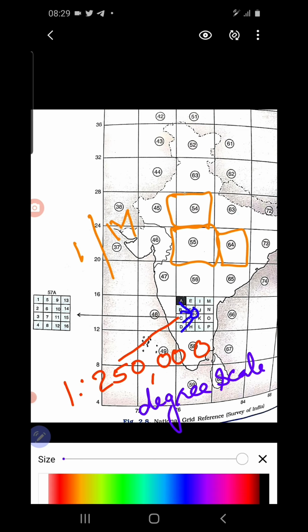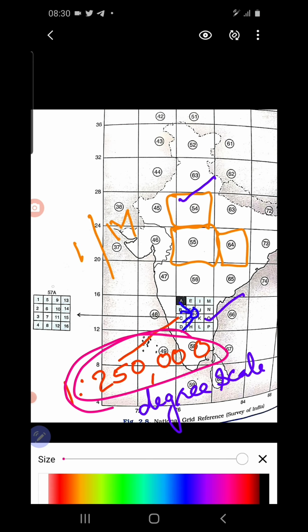But at the same time, when you go for 4 degrees it is adopted there; here the 1 degree is adopted. So this scale can also be called a degree scale. Again this is divided into 16, again 1 is to 250,000. This is again divided into 16. How is it? Like 57A.